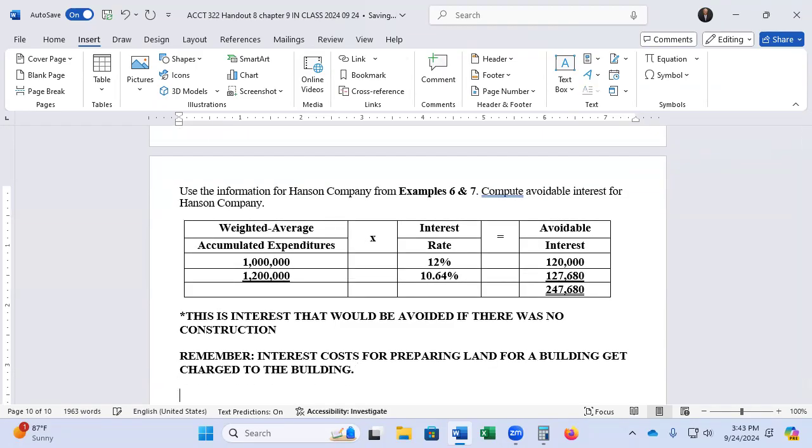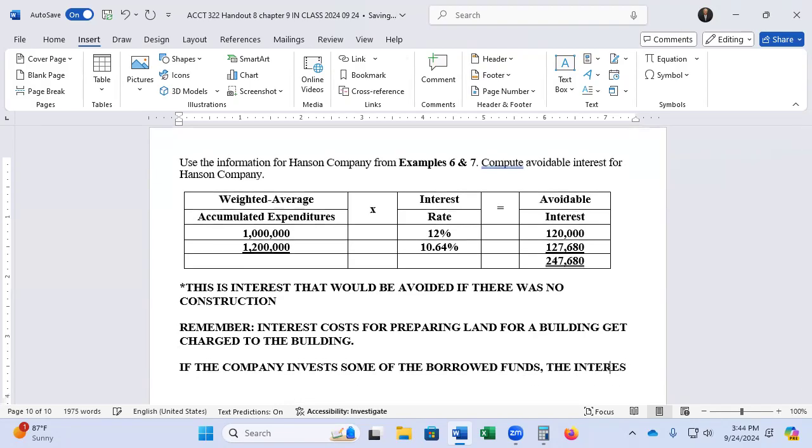And then the other thing to remember is if the company invests some of the borrowed funds, the revenue should not offset the interest expense. I don't know why. Doesn't make a lot of sense to me, but that's the rules.